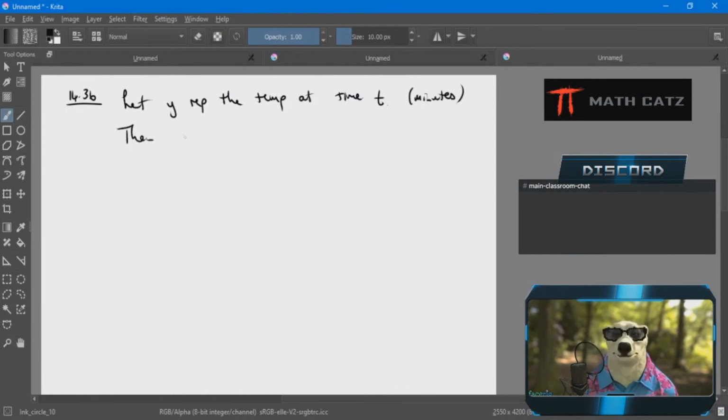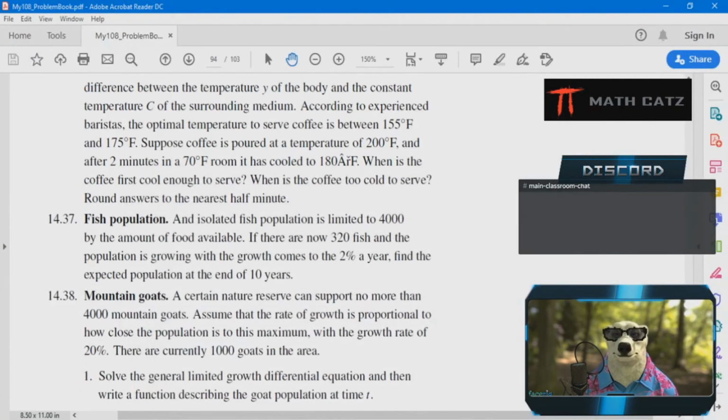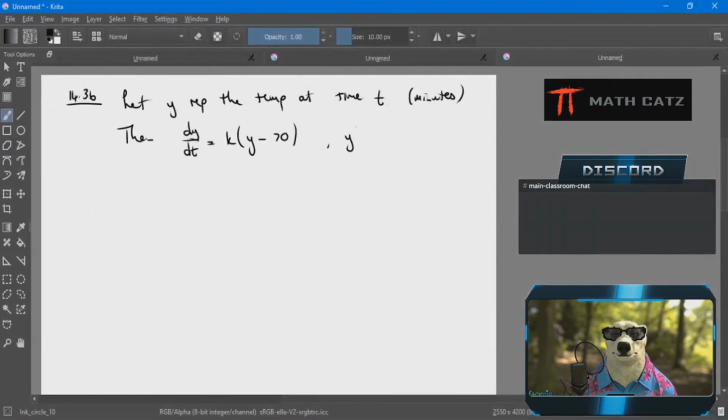Then my coffee is going to cool at a rate that is proportional to the difference between the coffee temperature and the room temperature, which is 70. What is the initial temperature? They say it is 200.